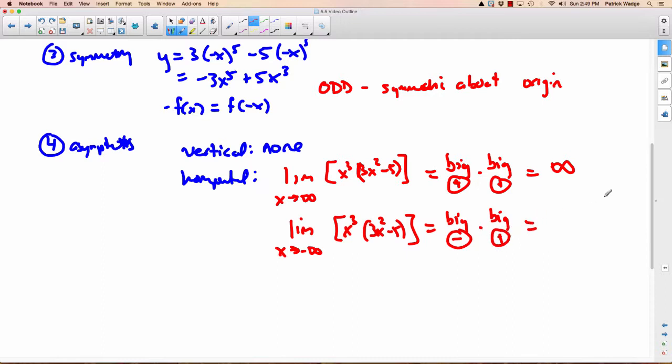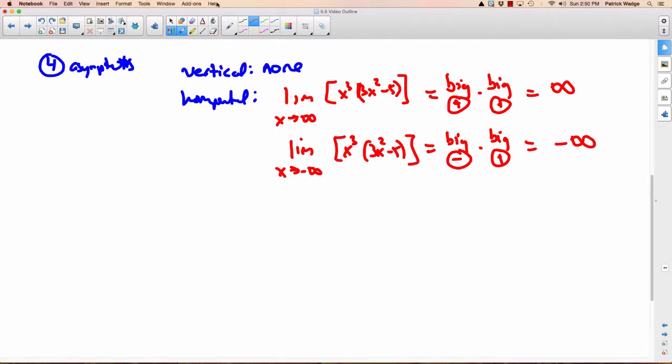So when you multiply those together, you get negative infinity. Okay, so there's no horizontal asymptote, but this was still very useful, because now we know that as x approaches infinity, as x gets really, really big, it's going up towards infinity. As x goes down towards negative infinity, as x gets really, really small, it's going down towards negative infinity. So it's still very useful information.